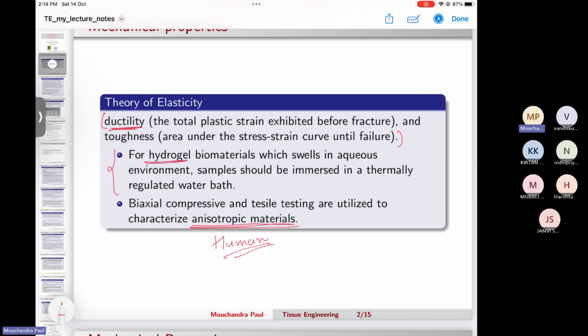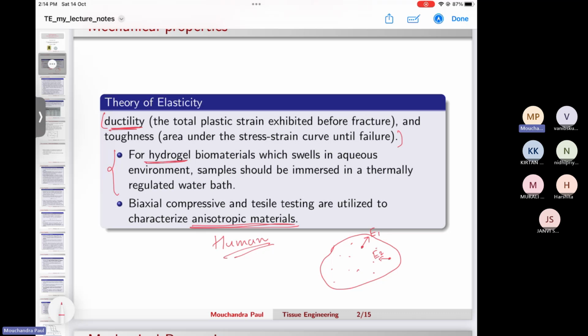If this is the material and these are the points within the material, and you measure the value of, say, Young's modulus at this point, you will get one E1 value. Whereas at this point, if you measure in a different direction, you will get some E2 value. The Young's modulus will differ.